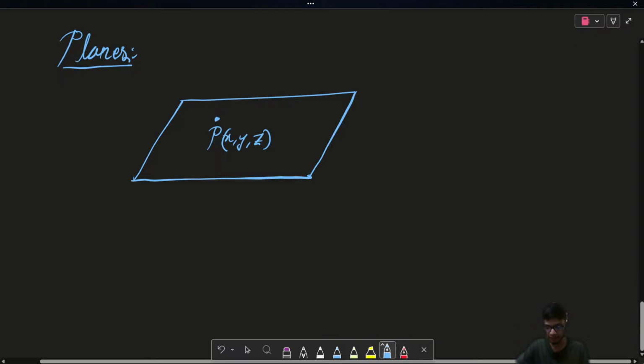If I keep varying this point P across all the points on the plane, then we will be in a 3D region which is on a surface or on a line or simply a point. Whatever region of P we get after applying this particular rule is called the locus.